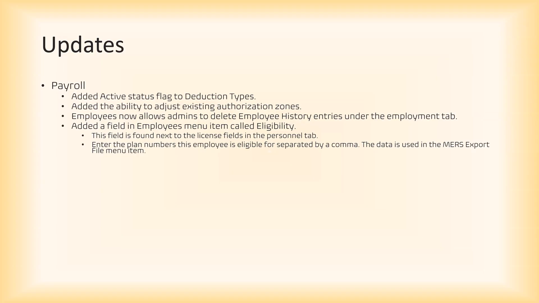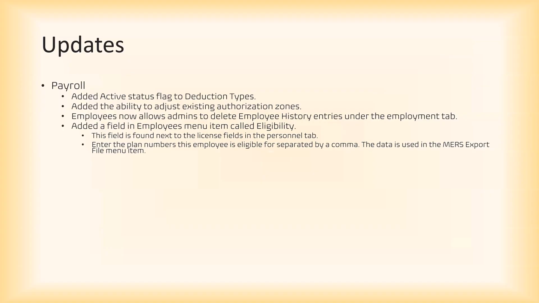It's used for the MERS export file. If you have multiple plans, you can now enter the plan numbers separated by comma. So even if they're not actively participating, but Empower wants them on the roster, you can now just type in the plan so they won't show up when you try to run it for a different plan.